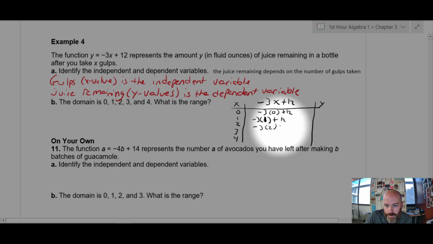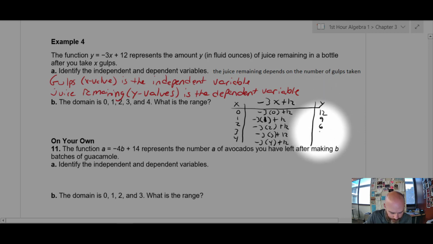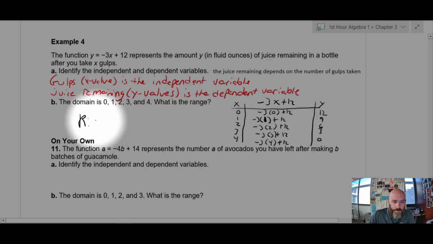Negative 3 times 2 plus 12. Negative 3 times 3 plus 12. And then negative 3 times 4 plus 12. And my outputs are going to give me 12, 9, 6, 3, and 0. So those are my outputs. That's my range. So my range from least to greatest, 0, 3, 6, 9, 12.